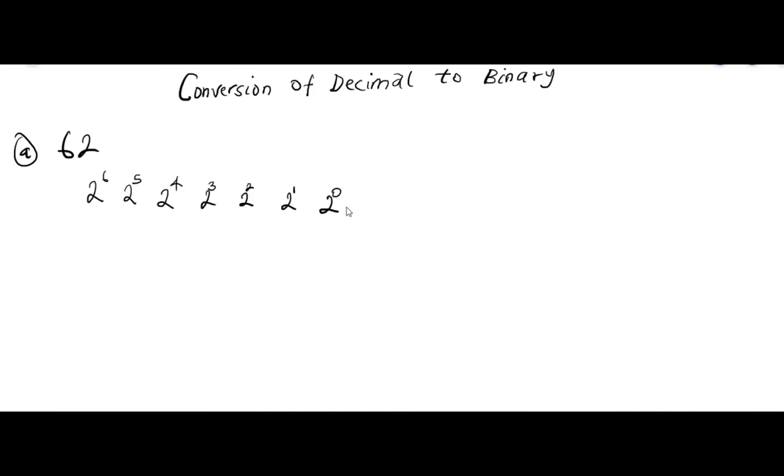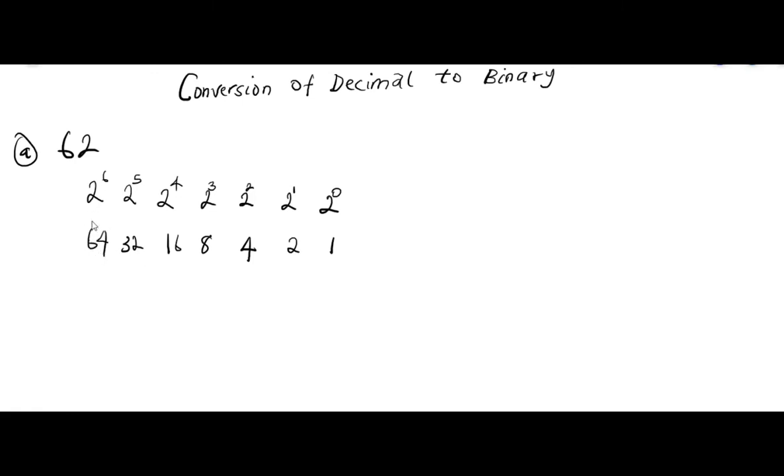So 2 raised to the power 0, we have 1, 2 raised to the power 1, we have 2, 2 raised to the power 2, we have 4, 2 raised to the power 3, we have 8, 2 raised to the power 4, we have 16, 2 raised to the power 5, we have 32, and 2 raised to the power 6, we have 64.